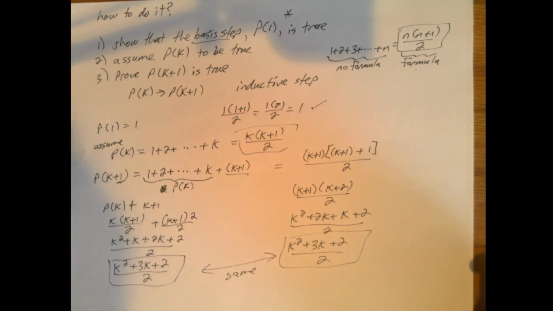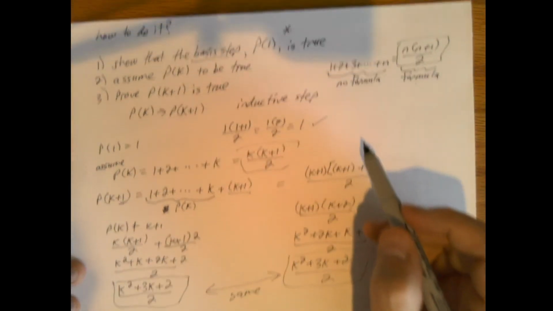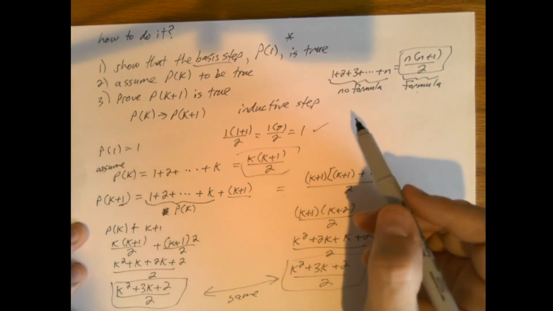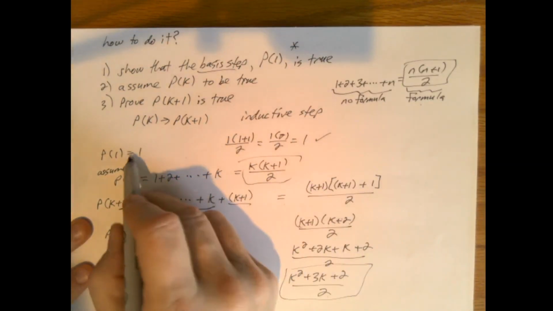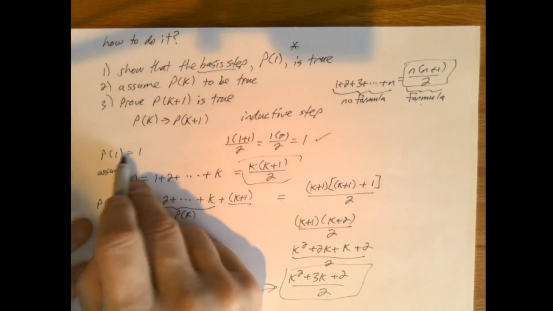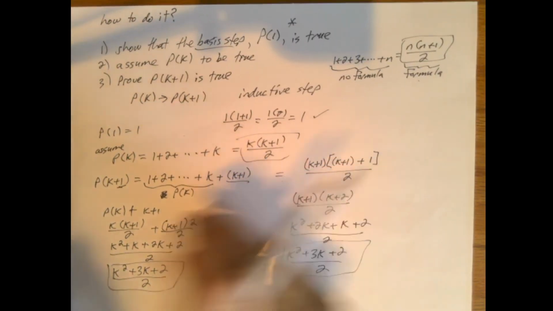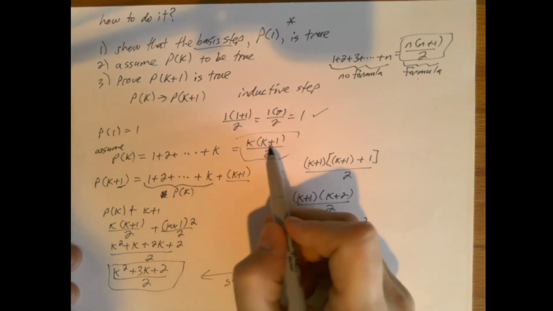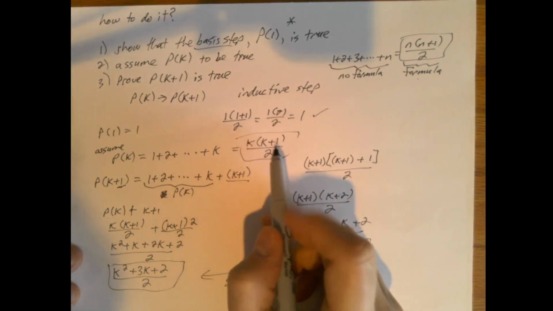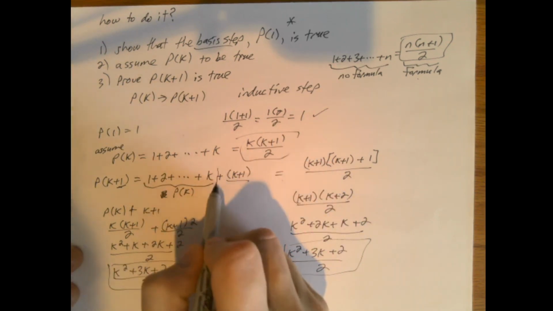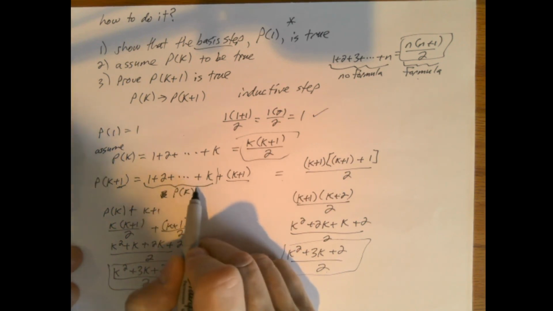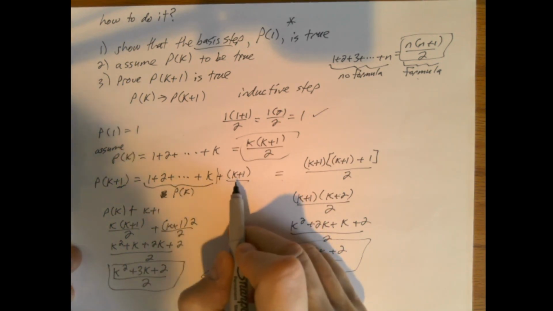Okay? So once again, what's really happening here? Start with the basis step. This is something that gets us going. We show it's true for at least a first value. We assume this formula is true. And then we use our assumption to produce part of this summation and then simply add the difference to it.